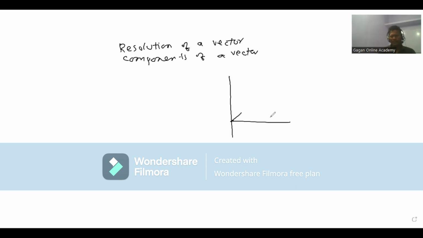Here, this is a vector, say A. This is x-axis, this is y-axis. The projection of vector A on x-axis is called Ax, or component of vector A on x-axis.